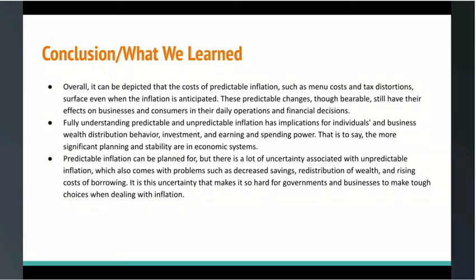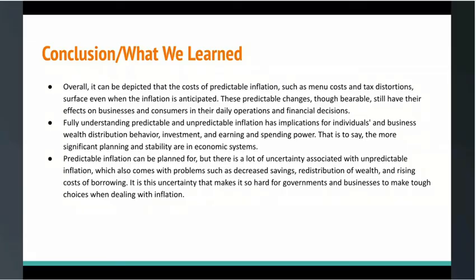Fully understanding predictable and unpredictable inflation has implications for individuals and businesses: wealth distribution behavior, investment, earning and spending power. That is to say, the more significant planning and stability are in the economic systems.